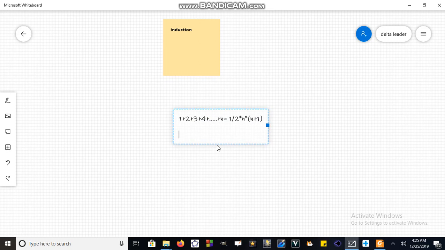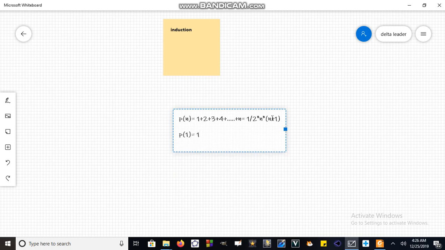What we do to prove that is to verify that this is true for the first term. Let's say this is called P, we call it P of n. P of n is equal to that. So if you want to prove that by induction, we verify P of 1. P of 1 is just 1. If P of 1 verifies the formula, then it's okay.